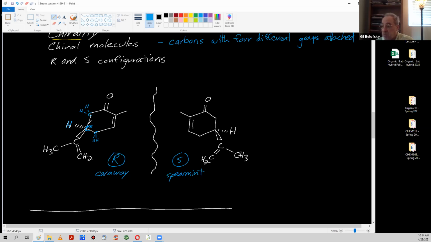The important part is sometimes you'll see immediately that all 4 are different, but in this case, you have to keep going outward to make sure. As soon as you go out in these directions 1 more, you find a carbon with an oxygen on it, and instead over here, you have a carbon with no oxygen on it, but another carbon-carbon double bond. So there you find the difference. That's where the difference appears.